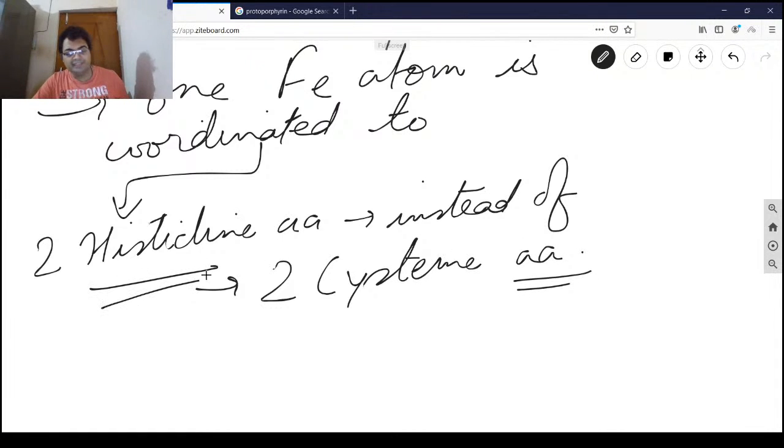So it will bind to the histidine. That's the difference here. Okay, not the cysteine.